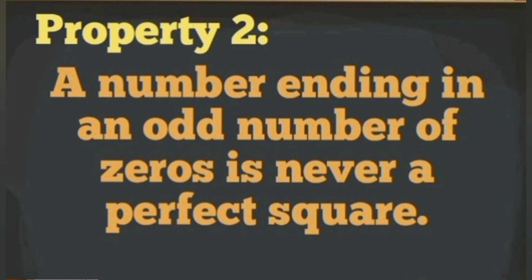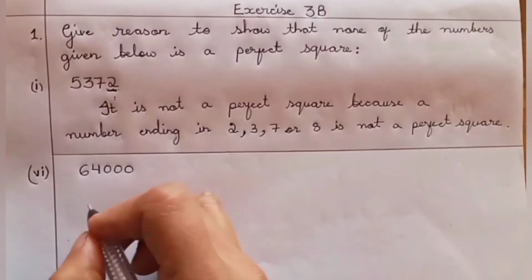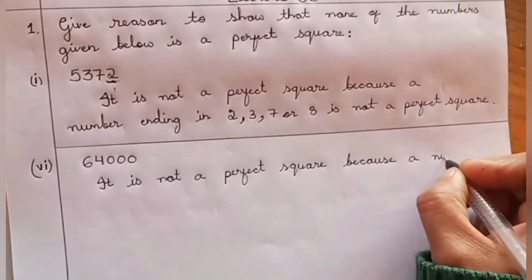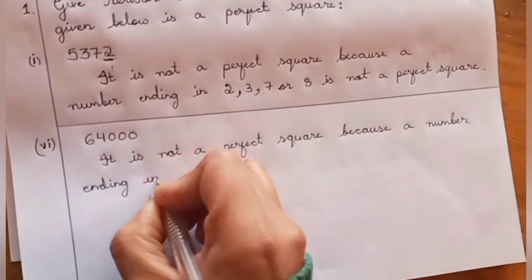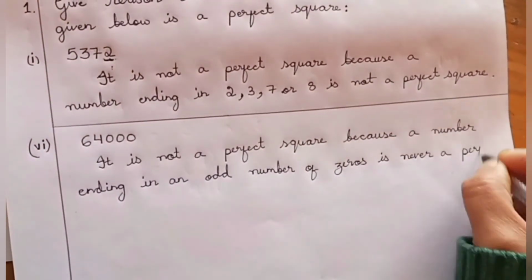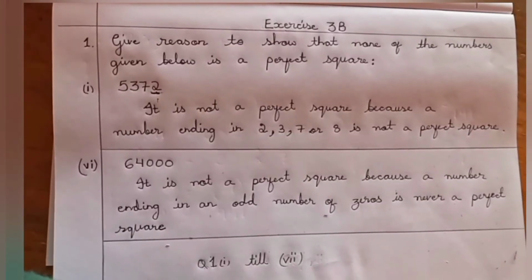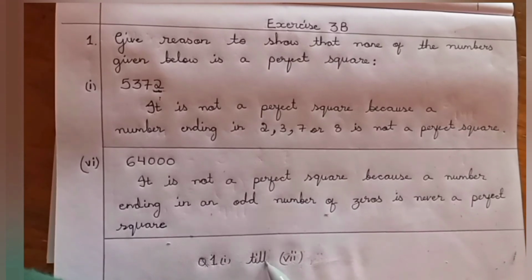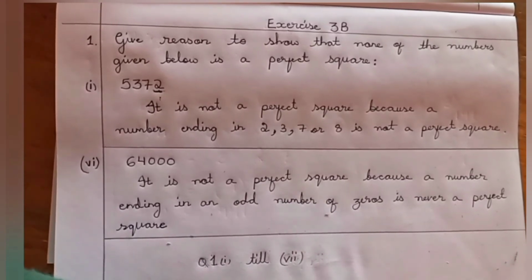So now we will write, it is not a perfect square because a number ending in an odd number of zeros is never a perfect square. This is your answer, and now you will solve by yourself question number 1 till question number 7.